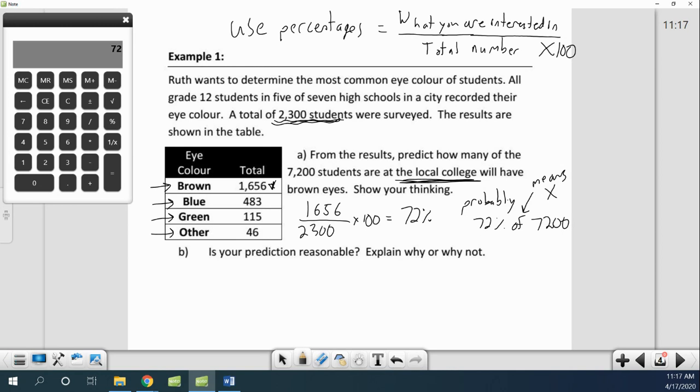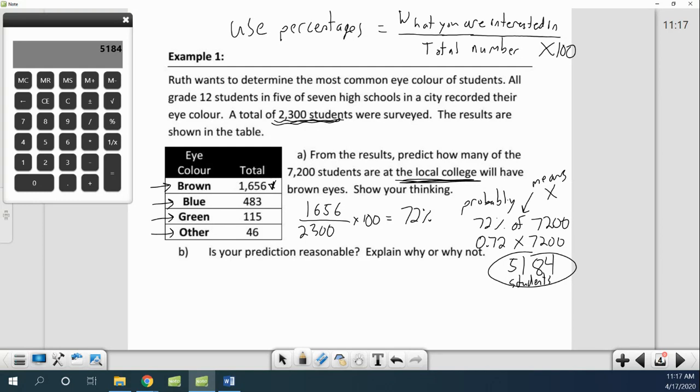So I change my percent to a decimal, and I multiply. 0.72 times 7,200. So we would expect at that college 5,184 students would have brown eyes. And show your thinking is just another way to say show your math in this case. We're going to calculate this out.